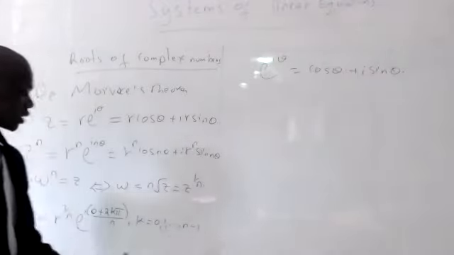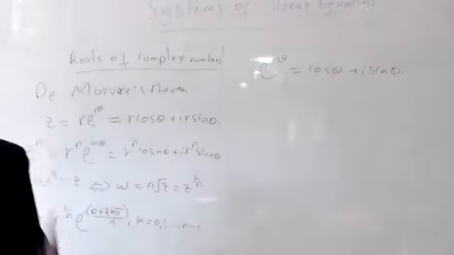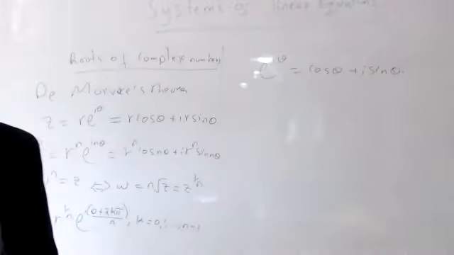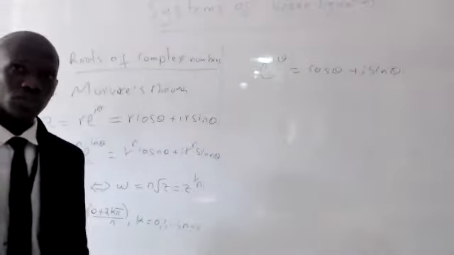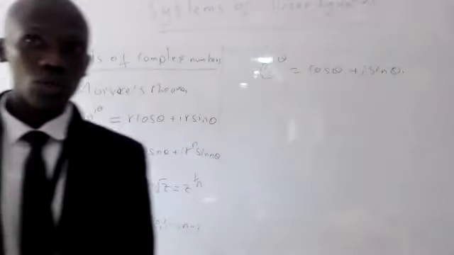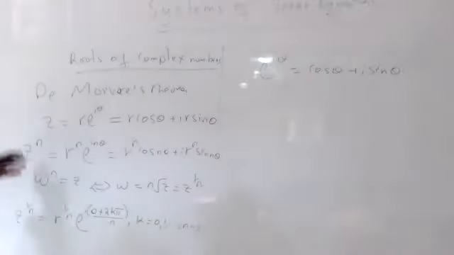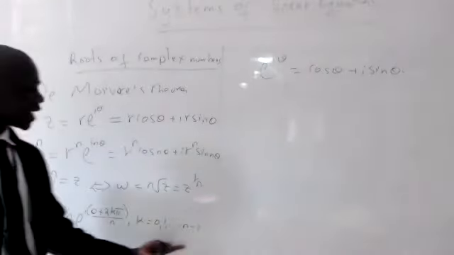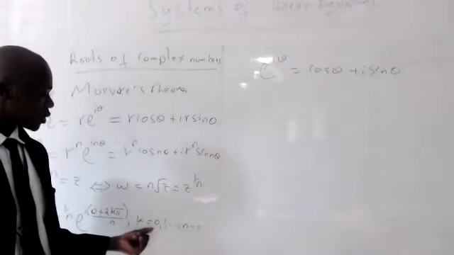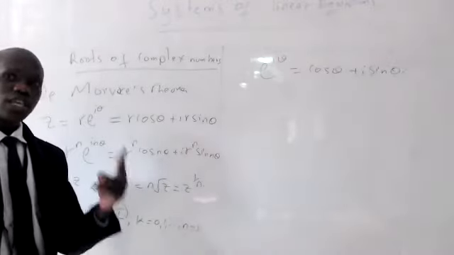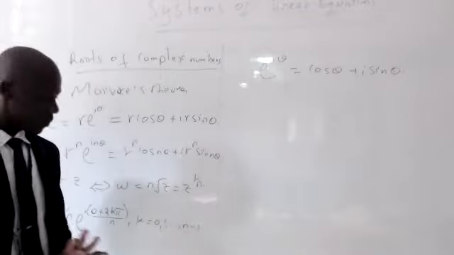The fundamental theorem of algebra tells you that any polynomial of degree n will always have at most n solutions. So we don't expect this complex number to have more than n roots. They have to be n. So when you count from 0 up to n minus 1, you will get n distinct roots.